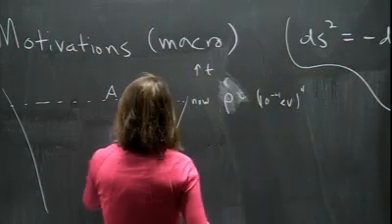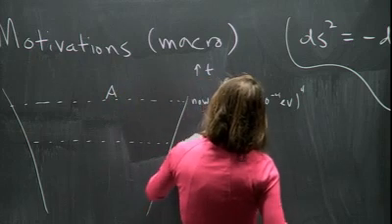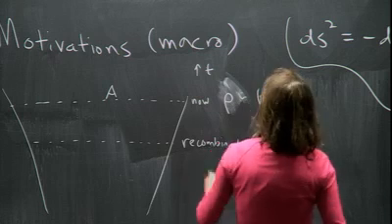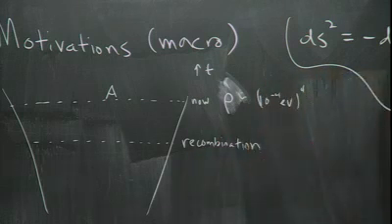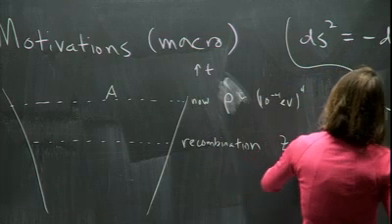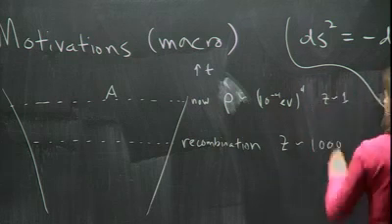Another important time scale is recombination. If you think of this in terms of a redshift factor by which the universe has expanded, this is roughly a factor of 1,000 relative to today.